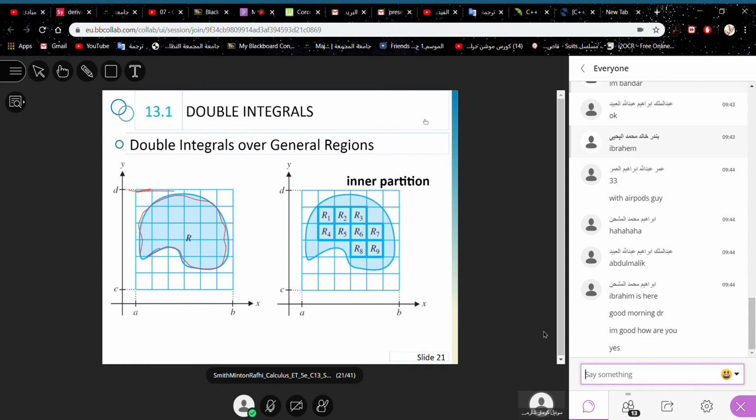Here, for example, this is the fixed limit, but here for different values of x you have different y. So this is not a fixed boundary. The boundaries are not constant.